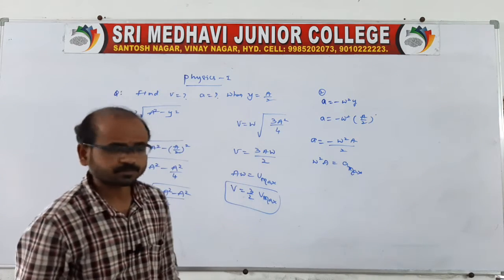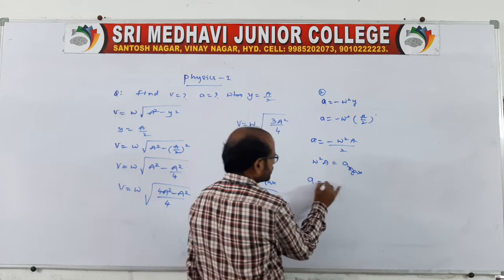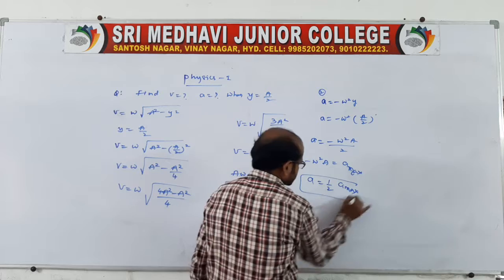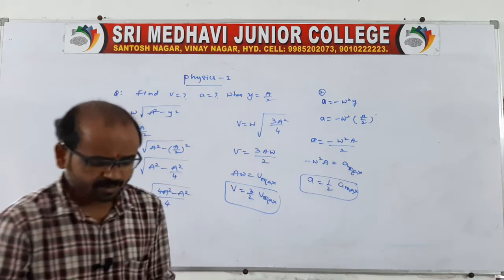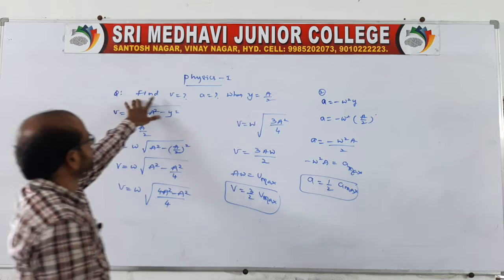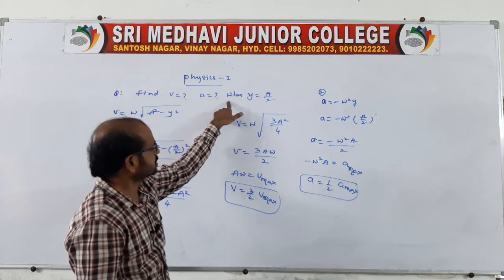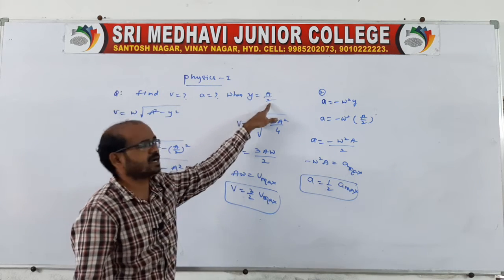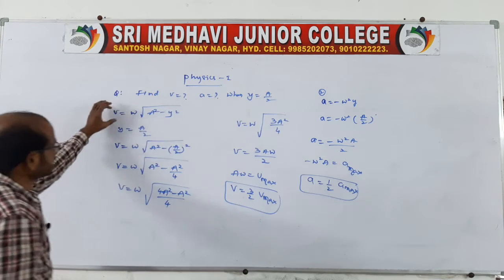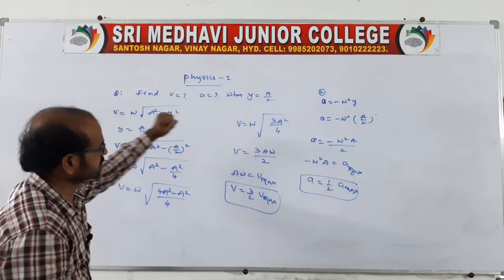So a is equal to minus 1 by 2 a maximum. Clear? This is the information related to the question: find velocity and acceleration when the displacement is half of the amplitude. The derivation and solution will be like this.